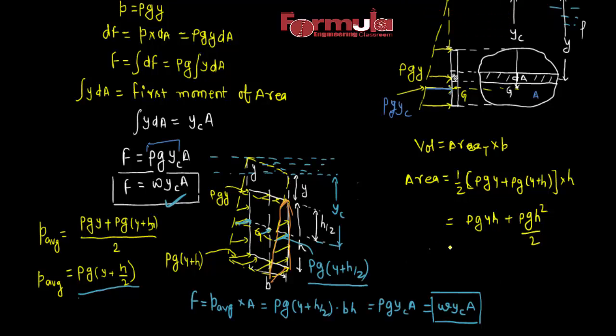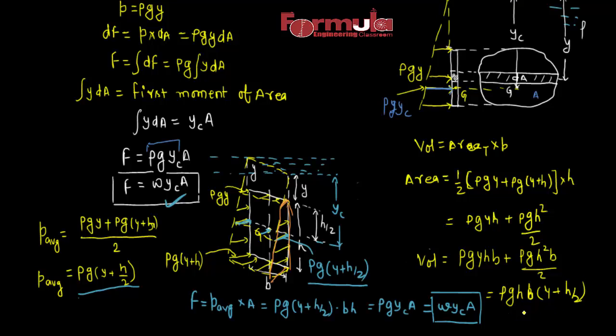So this is the area. Then the volume will be equal to, multiplying by b, rho g h b y plus rho g h square b by 2. We can take common rho g h b, so the remaining is y plus h by 2.